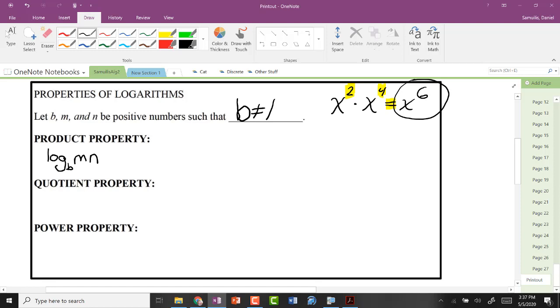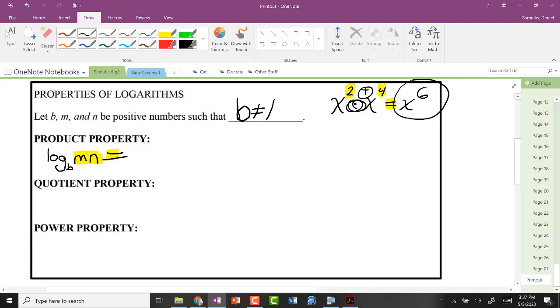Now, it's going to seem a little weird, but products and sums go together. So right now, this is a product. We will be able to expand that into, that's right, a sum. So this is going to expand into two logarithms.